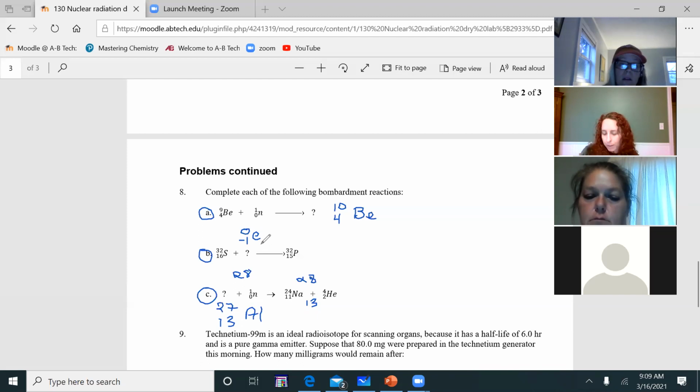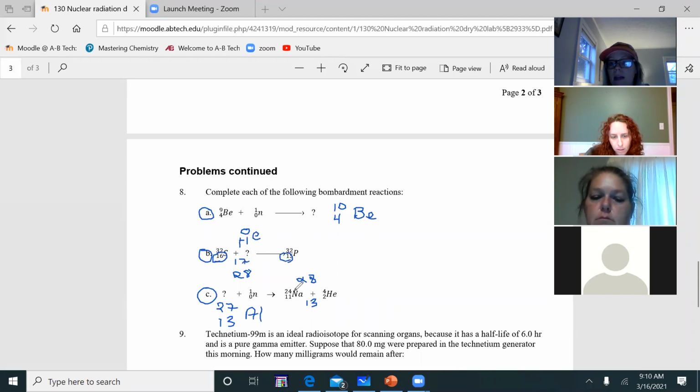For B, maybe I wrote my notes wrong, but I had the positron emission. If we just go off of the addition and subtraction, if I made it a positron, let's say that this was plus instead, that would be 16 plus 1 would be a total of 17. What's the total on this side? 15. 15. Okay.